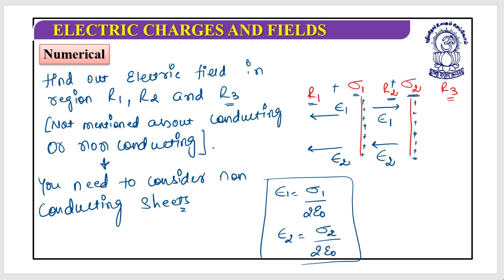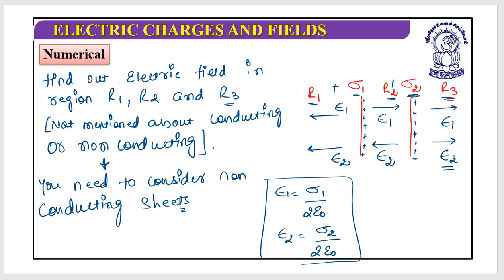Now come to region 3. What is sigma 1? It's positive. So if a positive thin sheet is there, you need to consider that electric field lines should be moving outwards from my body. This would be the direction of E1. Even sigma 2 is positive, and the direction of the electric field will look like this. This is E2.